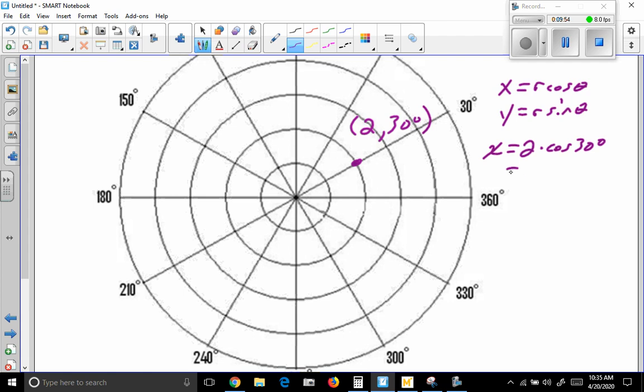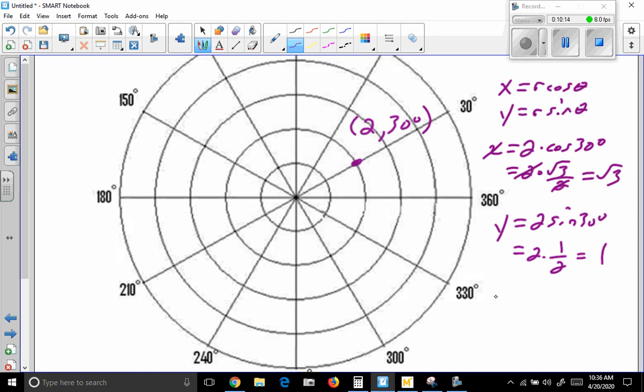which cosine 30 is root 3 over 2. So x is the square root of 3, and y is 2 times sine 30. Sine 30 is 1/2. So that makes y 1. So our ordered pair in terms of x and y is root 3, 1.